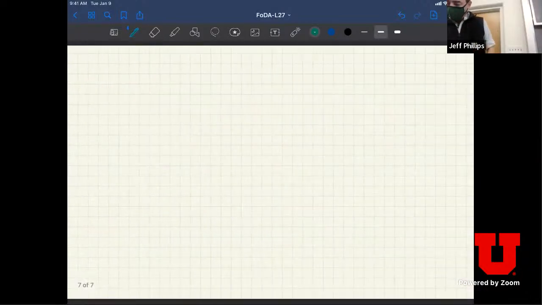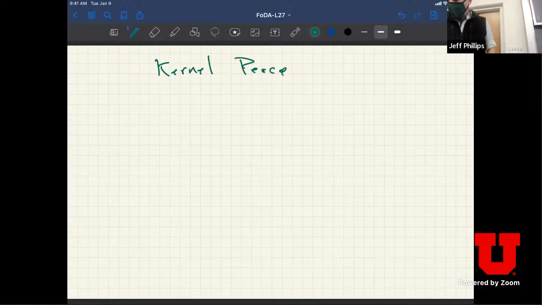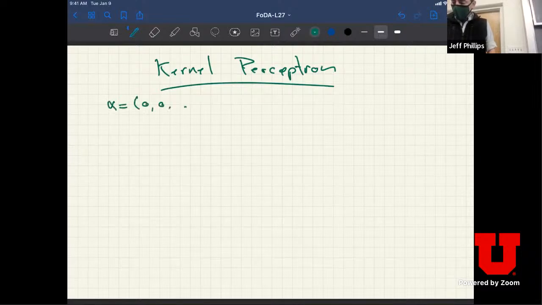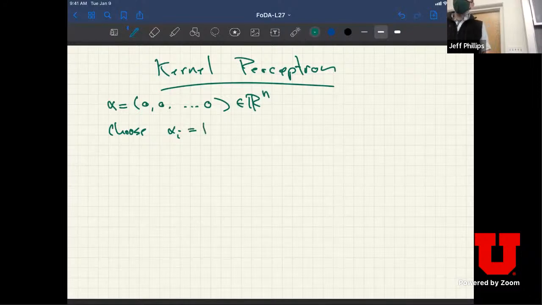So now the kernel Perceptron. I'm basically going to set alpha equal to all zeros in R^n, and then I choose, say, alpha_i, and I set this to 1, right?